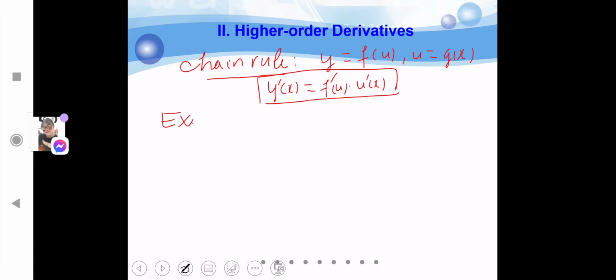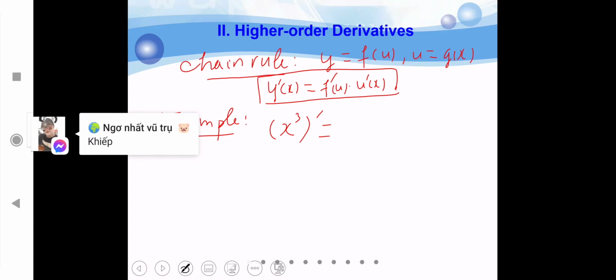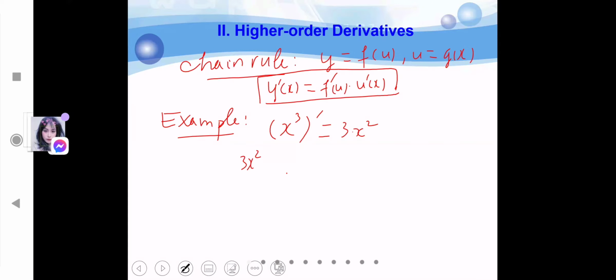Now, for example, if we have 3x squared plus 2x to the power 3, what expression is the derivative?